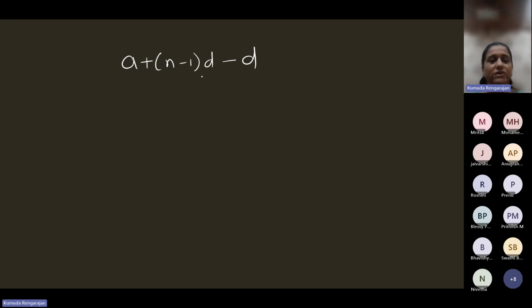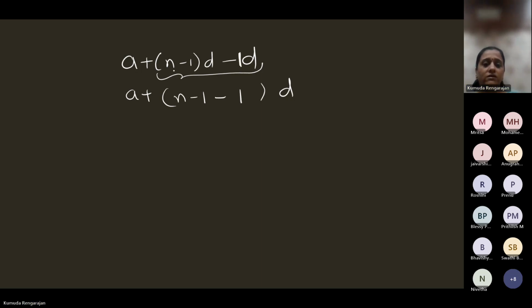Minus d, you will get the previous term. So let's do minus d to get the previous term. So a plus d is common, no? D is common. See here, d is common. So what will you get? n minus 1 minus 1, because this is minus 1. So n minus 1 minus 1 into d. So a plus n minus 2 into d.